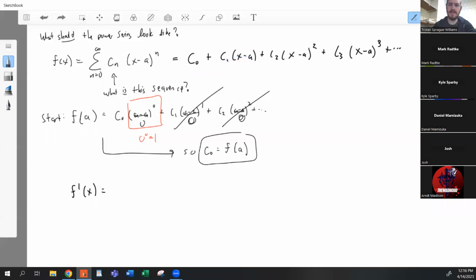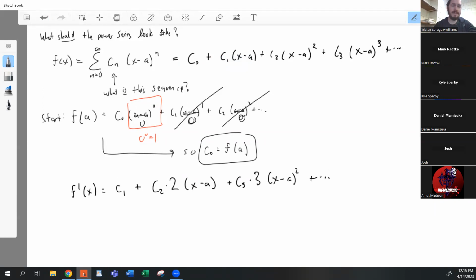That's gone. But then I get C1 times the derivative of x minus a. That's just 1. Then I get C2, and I perform the power rule here, times 2 (x minus a) to the power 1. Then I've got C3 times 3 (x minus a) squared, and so on.